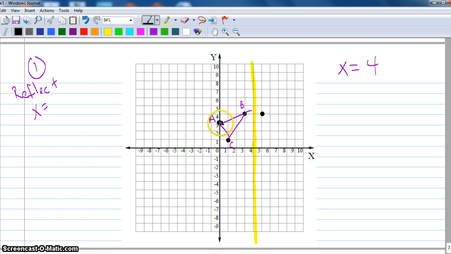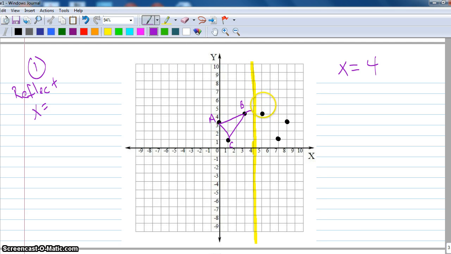Here's A. How far are you away from the yellow line? 1, 2, 3, 4. We're 4 away, so you have to go 4 the other direction to make it even. And C. We're 1, 2, 3 away from the yellow line, so we go 3 more. And we'll connect it and label everything.